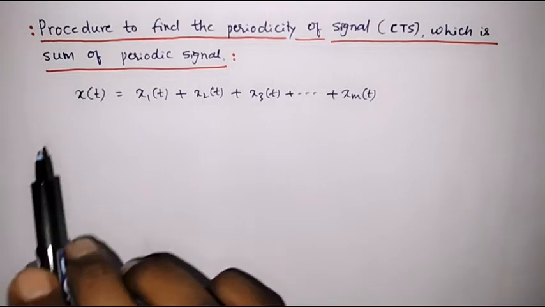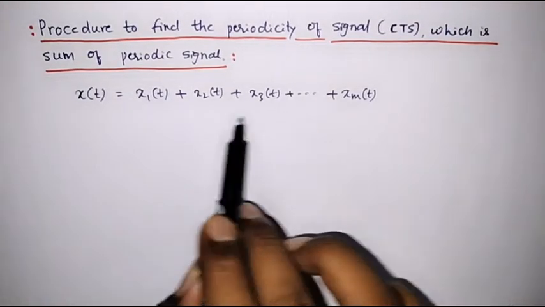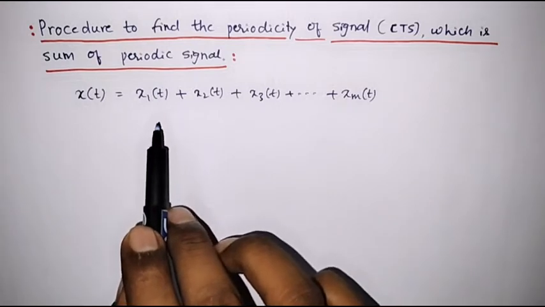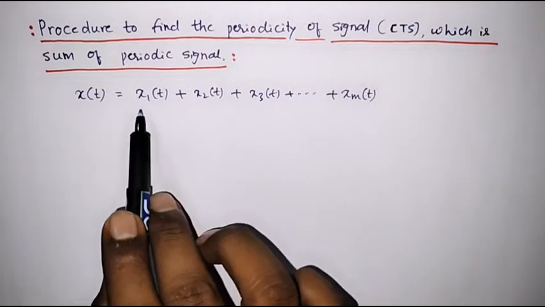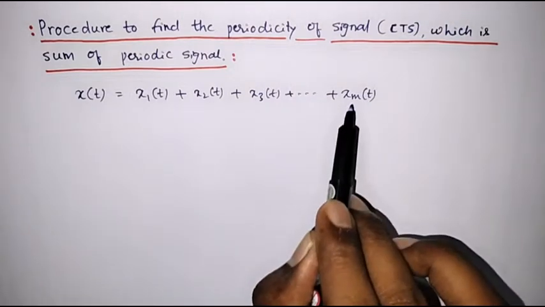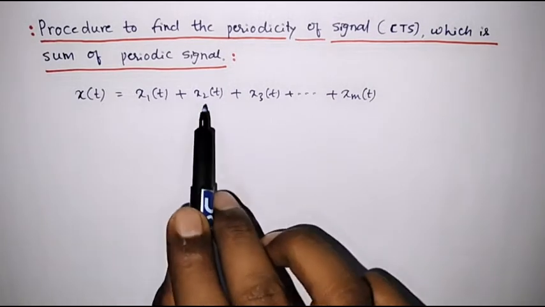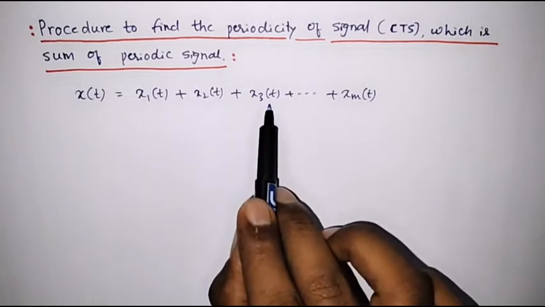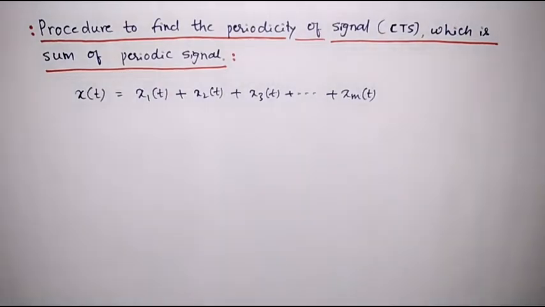It means that a signal x of t is made of m different signals. It means that x of t is the sum of m different signals, and here all individual signals, that is x1 of t, x2 of t, x3 of t and xm of t, are all periodic signals.